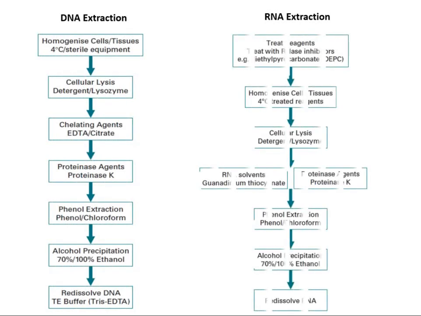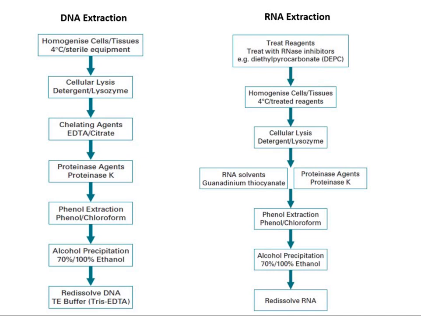Then I told you about the starting material. Mostly what we have is DNA, RNA, or protein. So I told you about how to go about DNA extraction and RNA extraction. The basic principle is the same. You take the tissue of your interest, and then you homogenize it, or first of all break it using lysozyme.